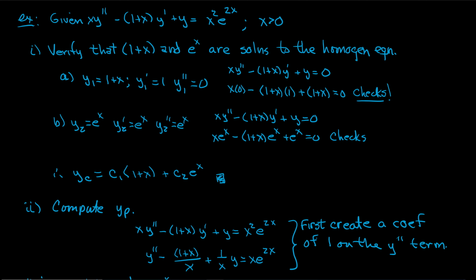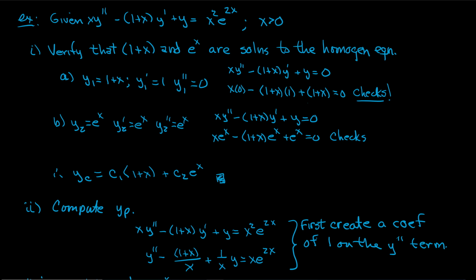If you notice here, I have minus 1 plus x plus 1 plus x. Those are going to subtract off, and sure enough, that is a solution to the homogeneous equation. So that means 1 plus x works.